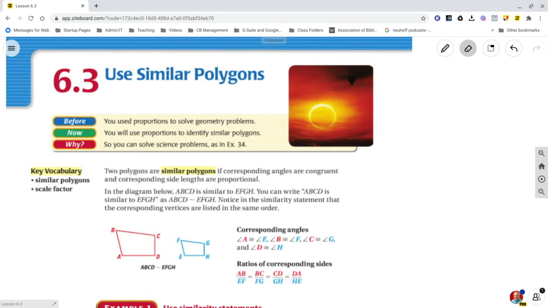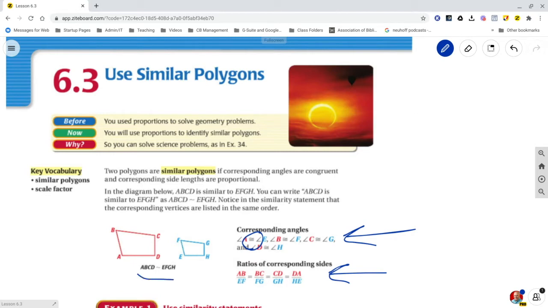And what we find then with similarity is that the corresponding angles in two polygons are going to be equal to each other. We see here the congruency piece. But then when we look at the sides, we're looking at the ratio of the sides.